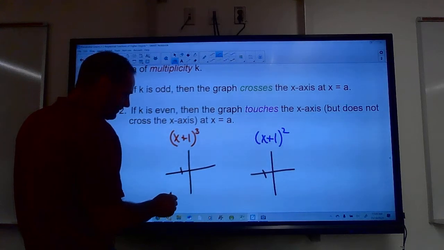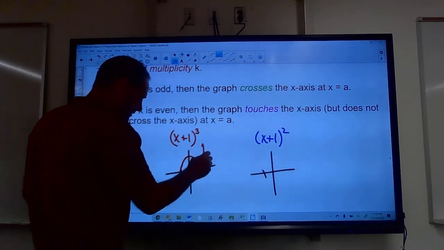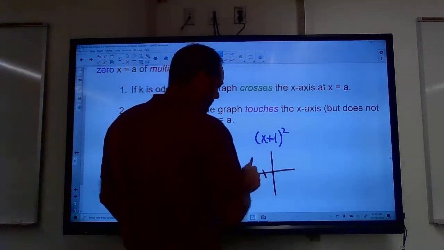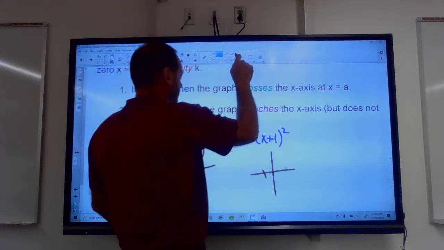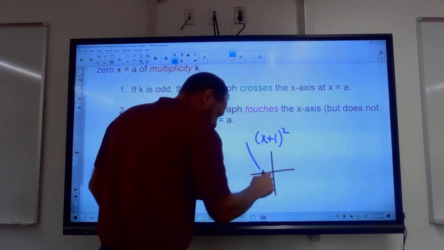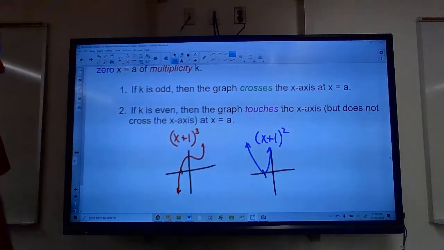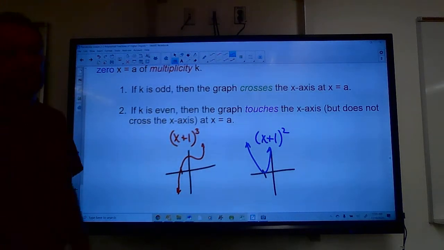It's going to look something like this. Okay. This one is going to touch at negative 1. So this one's going to come down and touch the line and go back up. Okay? So that's why you want to look at multiplicity.